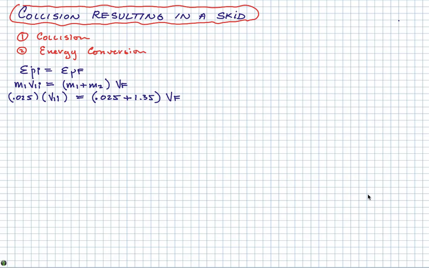So we have two unknowns there, so we can't solve the problem just yet. I'm out of stuff to do with the collision. This is an inelastic collision, so there's no additional formula that I can use. So what I'm going to have to do now is explore the conservation of energy and come back. So let's do that.